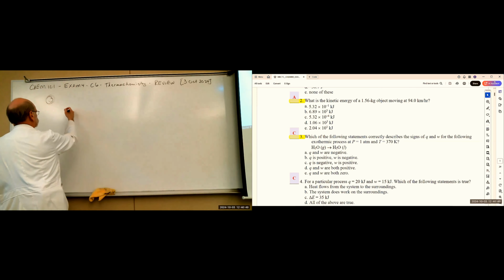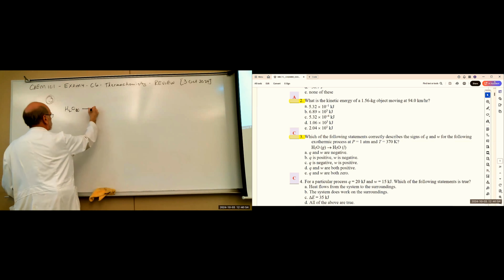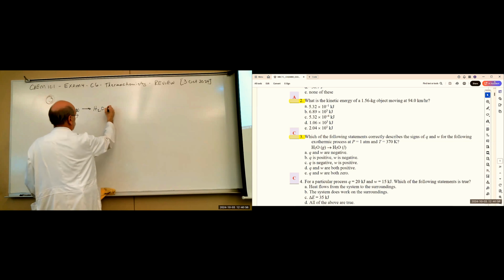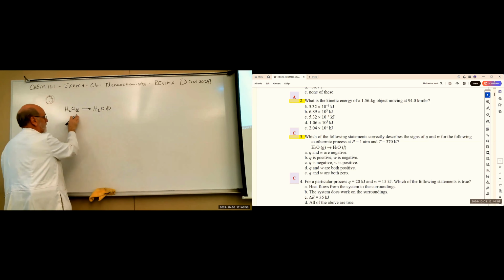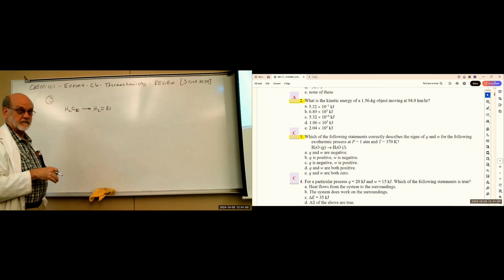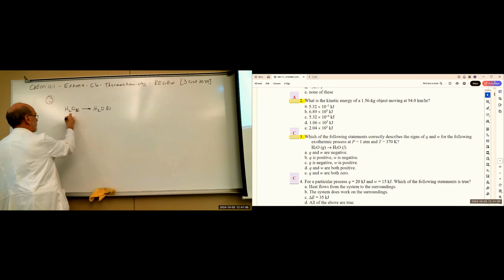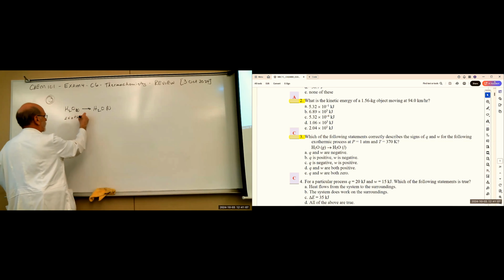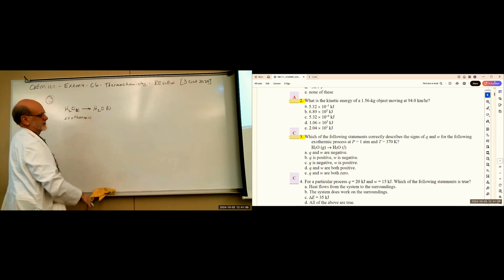So if we're going from gas to liquid, we know that's going to be exothermic, because as this condenses into a liquid, it has to give up that heat. We know this is exothermic, and the problem tells us it is.